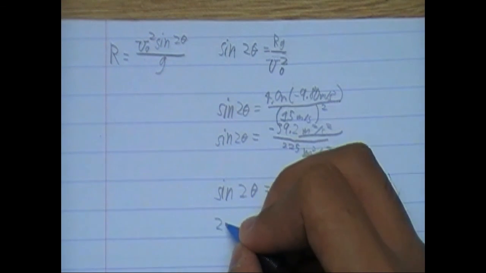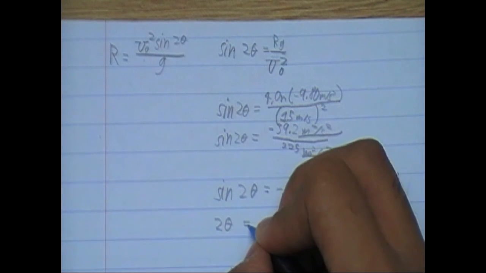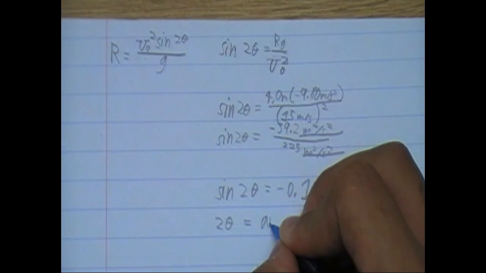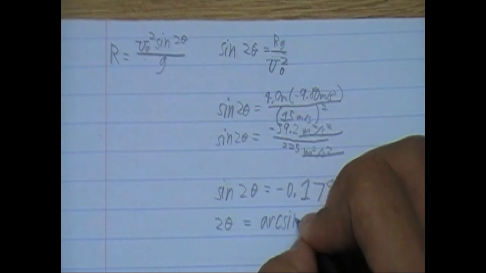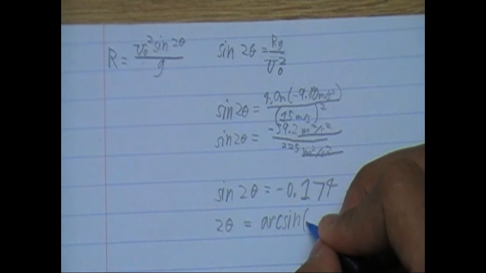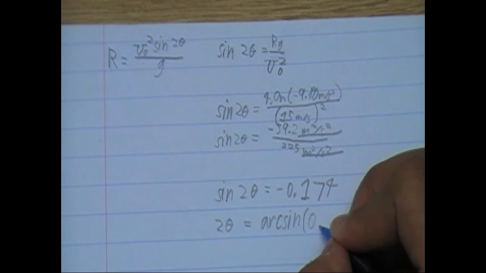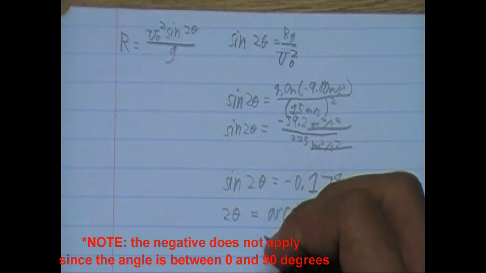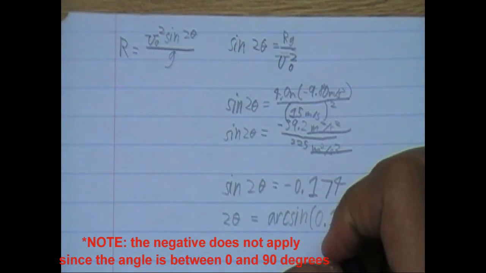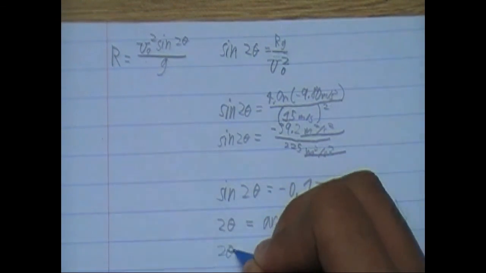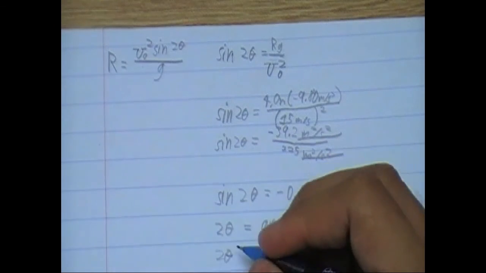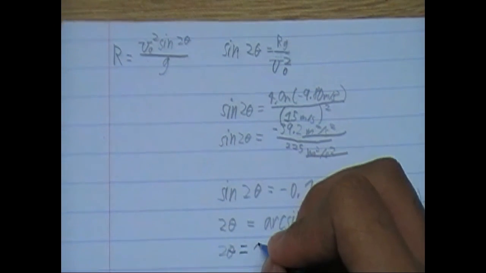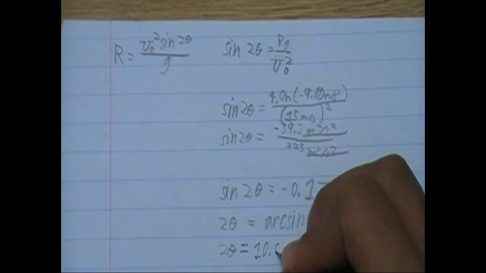And we just take the inverse sine of that, the arc sine, and I'm going to remove the negative. It doesn't matter if you keep the negative or not. I'm just going to remove it to make it less confusing later. So that is 2 theta equals 10 degrees.